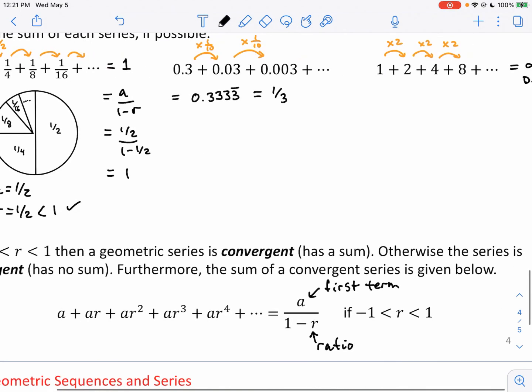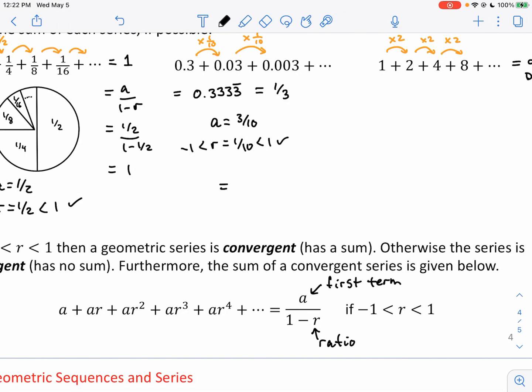In this middle case, the first term, a, is 3/10. I'll write it in fraction form: 0.3 is 3/10, and the ratio is 1/10. And 1/10 is between -1 and 1. Check. So the answer to this should be a over 1 minus r.